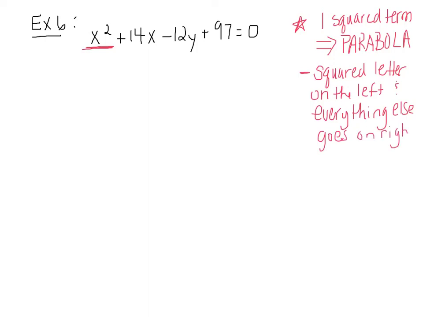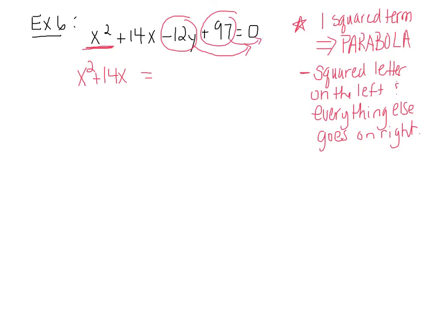Alright, so let's look at this problem. We're going to put our x terms together, which they already are, and put everything else on the right-hand side. So x squared plus 14x equals, we're going to move the negative 12y over, and we're going to move the plus 97 over.